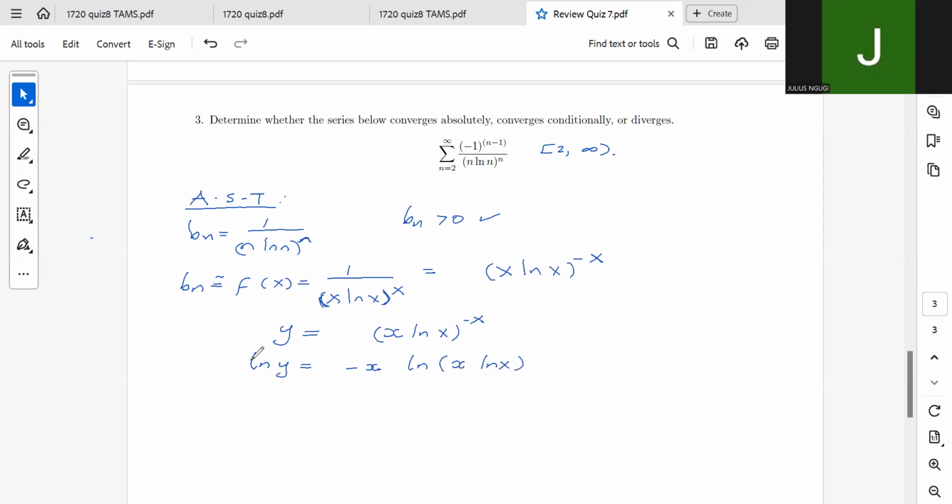Then taking the derivative on both sides, we have y prime over y equals the derivative of this. We use the product rule.